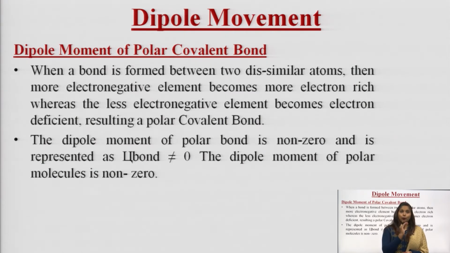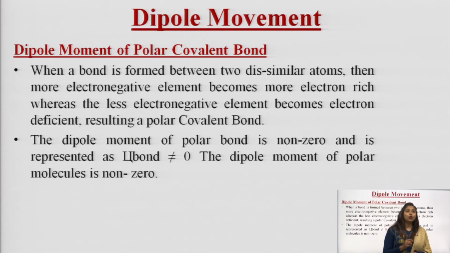Okay. So, the bond which is formed between two dissimilar atoms, then the more electronegative element becomes more electron rich, whereas the less electronegative element becomes electron deficient, resulting in a polar covalent bond.